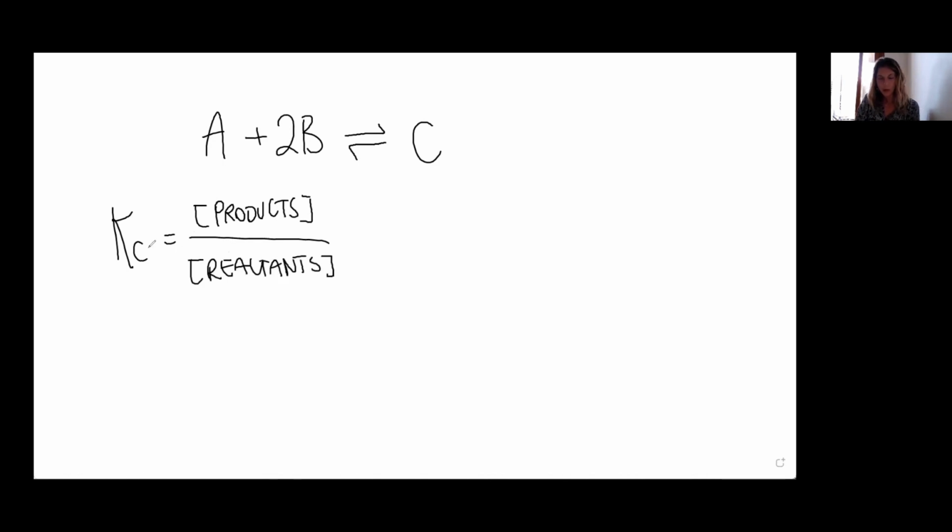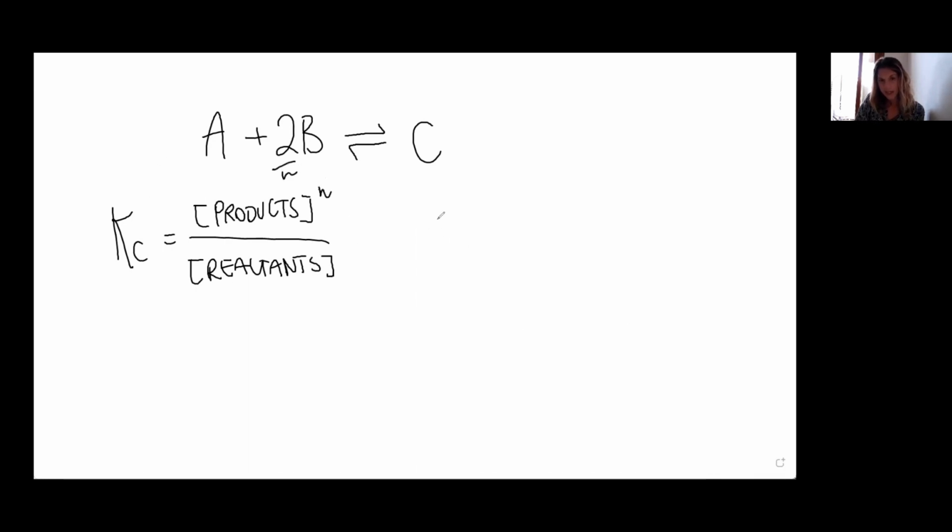The units of this Kc will depend on the products and the reactants, so on how many of them we have. What I mean is that the concentrations have to be to the power of their stoichiometric coefficient, let's call it n.